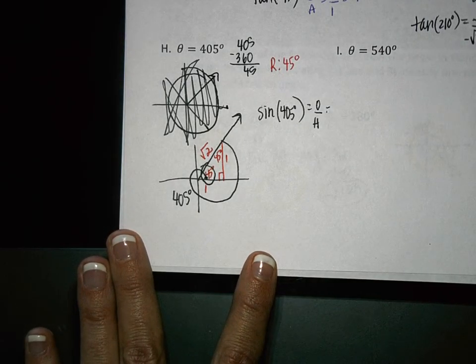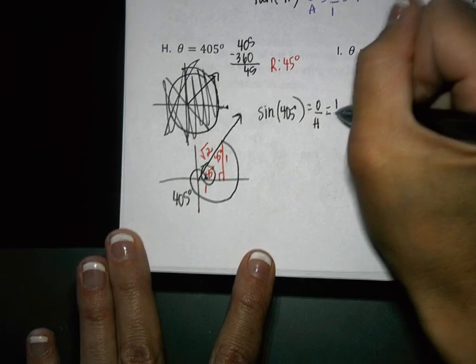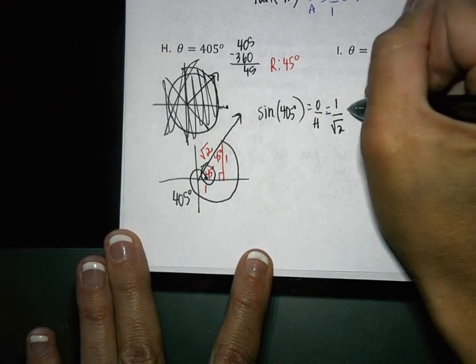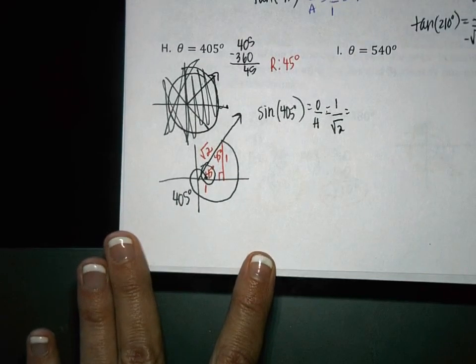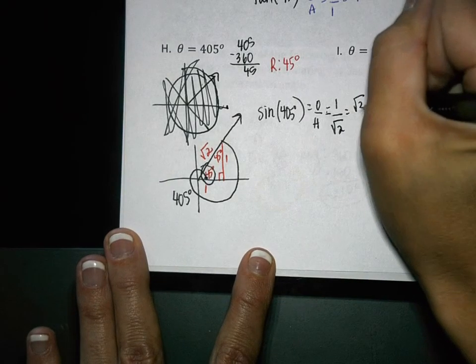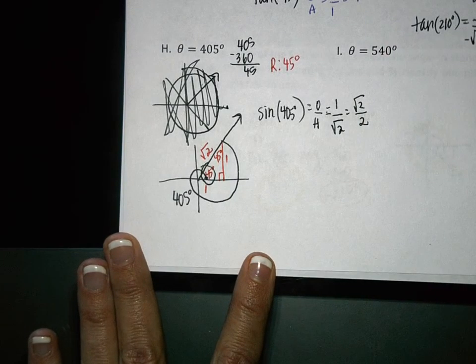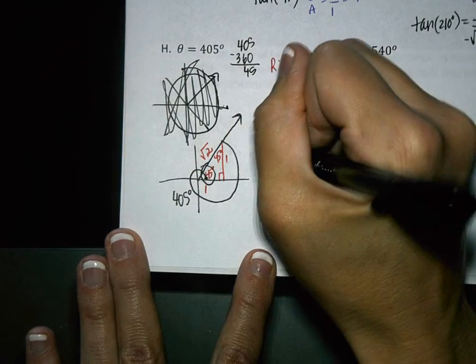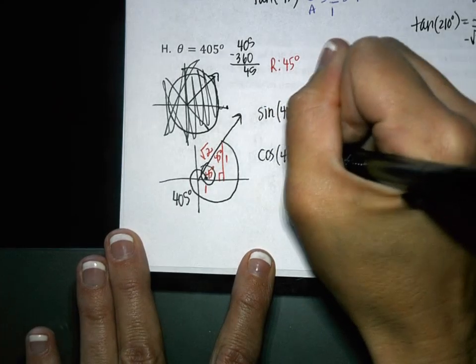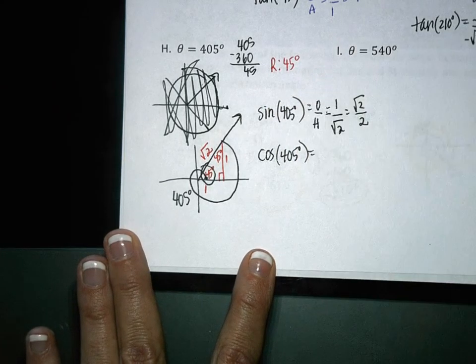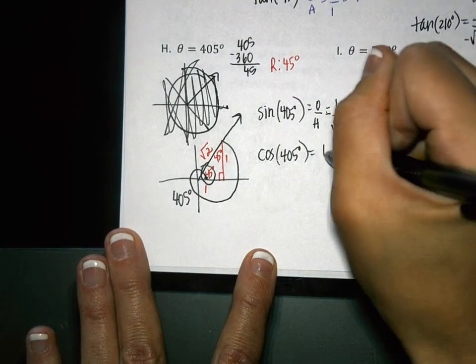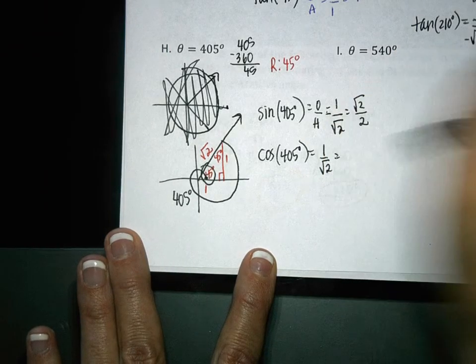Opposite is 1 over hypotenuse is root 2, but that will end up becoming root 2 over 2. Cosine of 405 degrees will be what? 1 over root 2 again, which ends up becoming root 2 over 2.